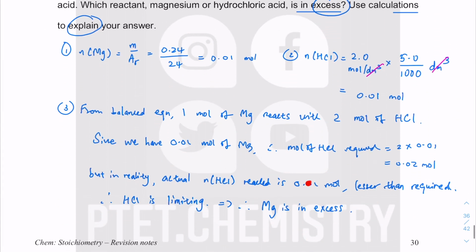In this question, just like I did in the very first example earlier, I showed that the HCl is completely used up, because 0.01 is lesser than whatever is actually required, and therefore this is completely used up. There isn't enough of it, it's limiting, which means the other one is present in excess and it's not completely used up. Alright, so that's it really in these lecture tutorials, specifically on limiting and excess reactant.